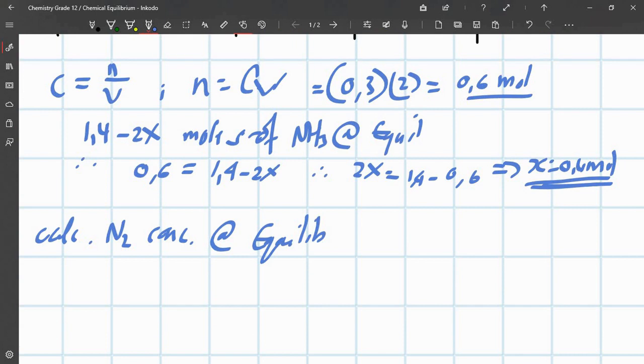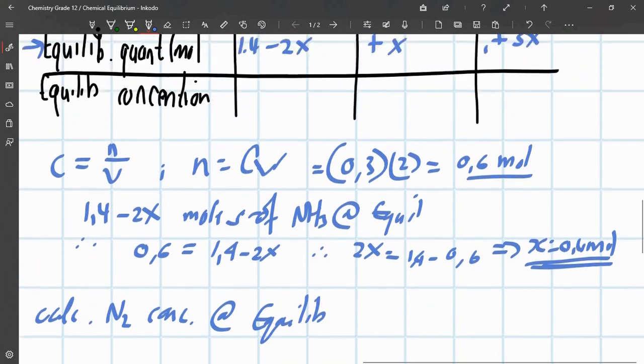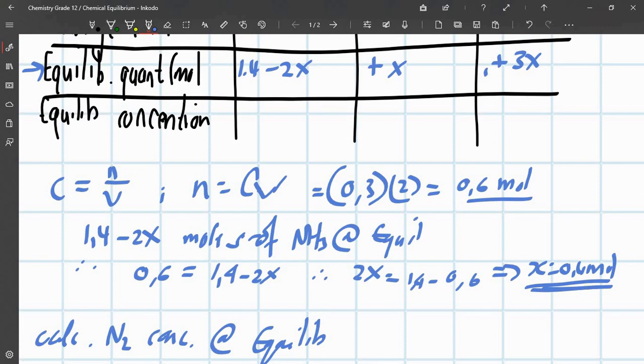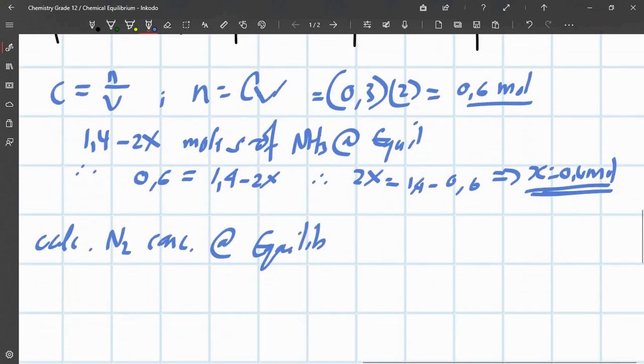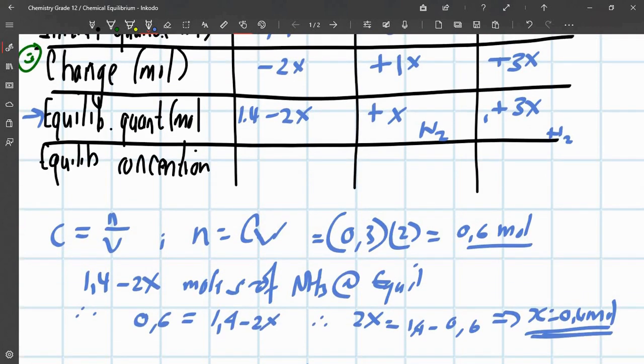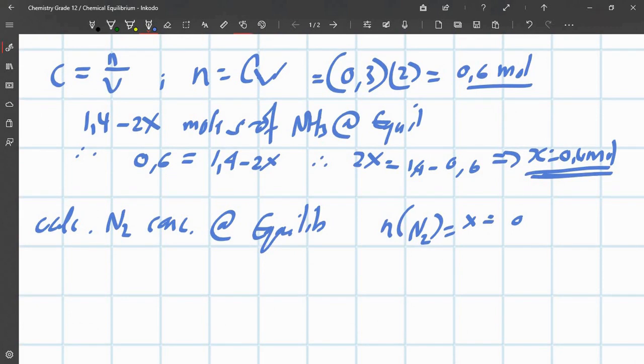We saw from our rice table that the number of moles of nitrogen is just x at equilibrium. So number of moles of nitrogen is equal to x, which is equal to 0.4 mole, as we calculated x.